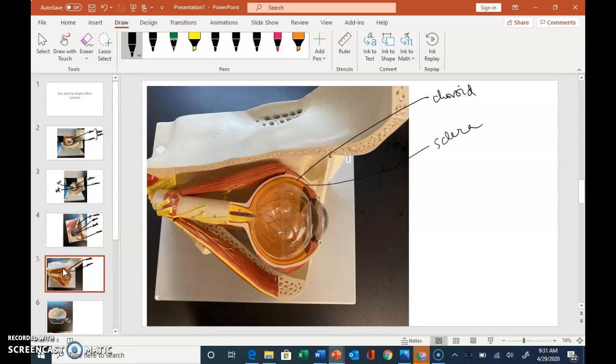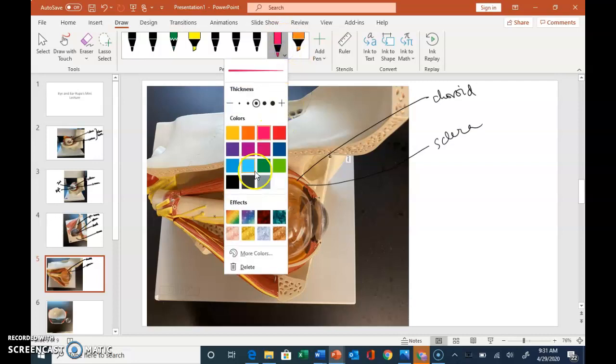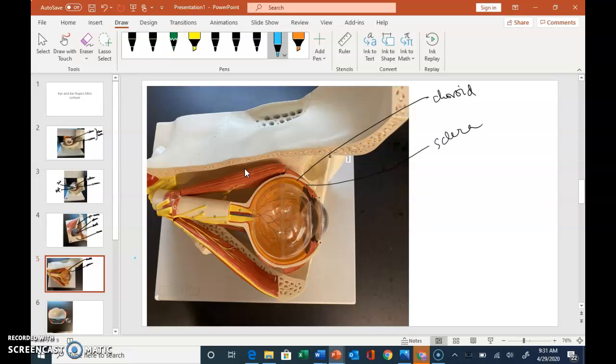The red layer comes anteriorly and forms this structure. This is called the ciliary body. And the ciliary body actually extends anteriorly like this, and this part would be called the iris.